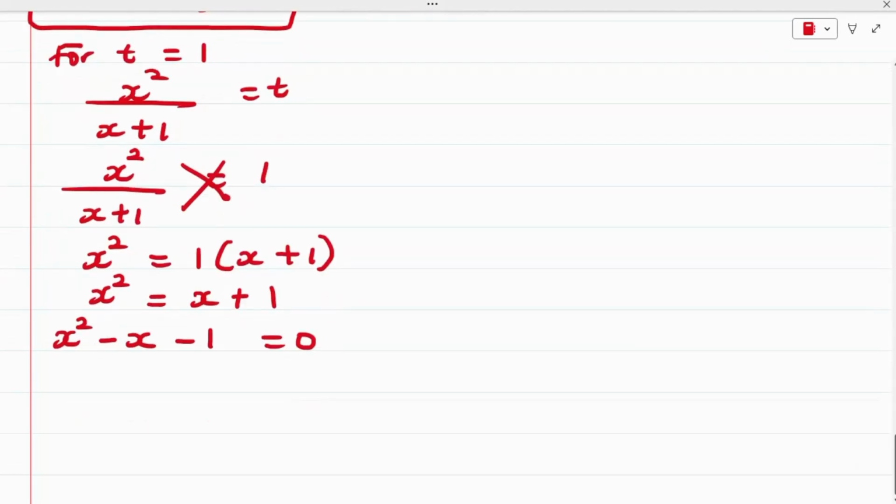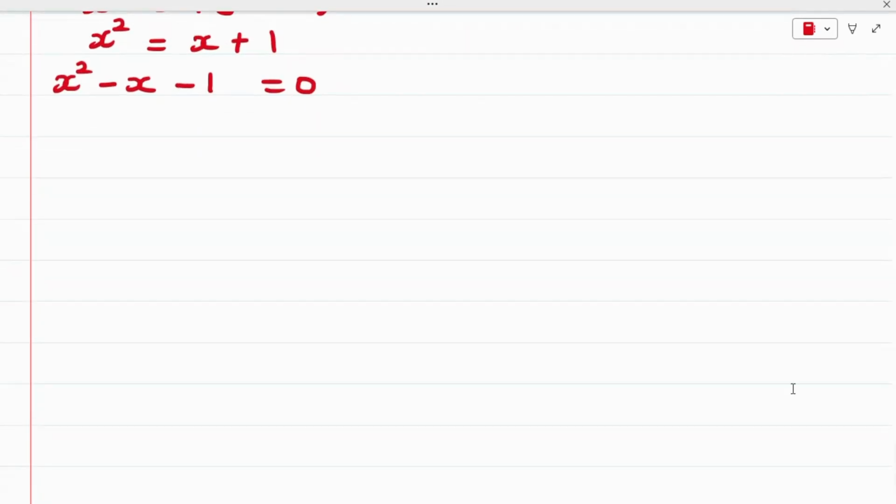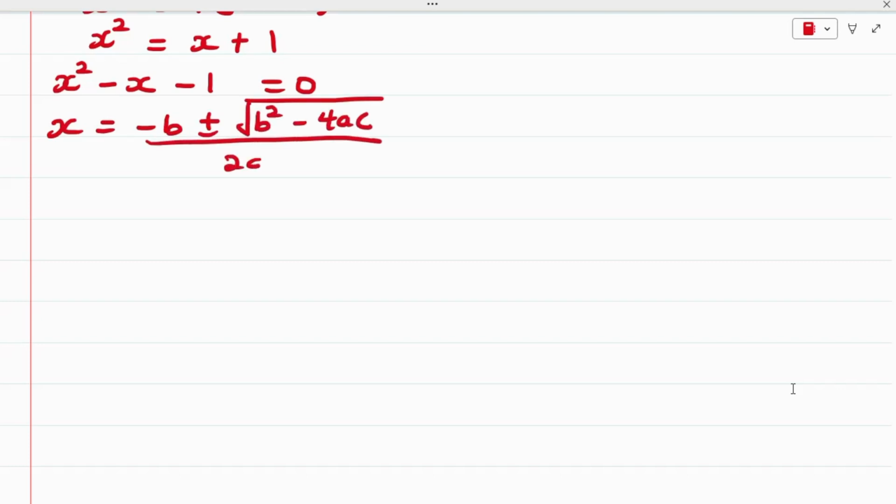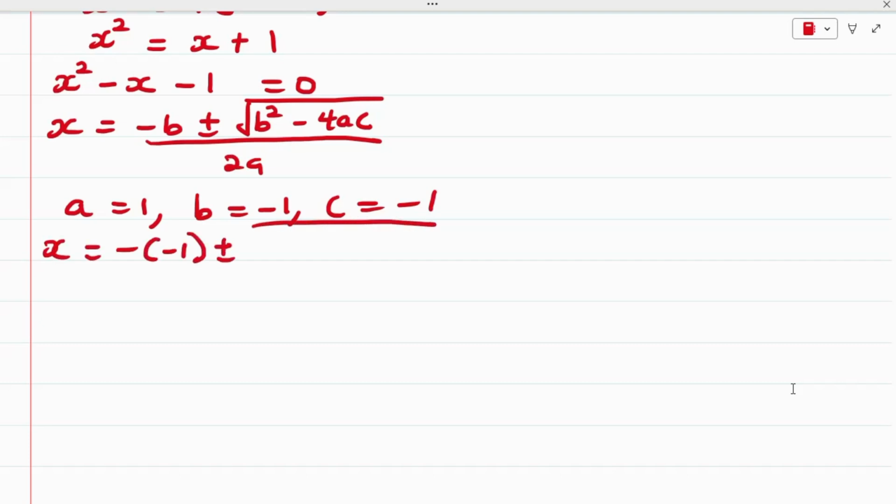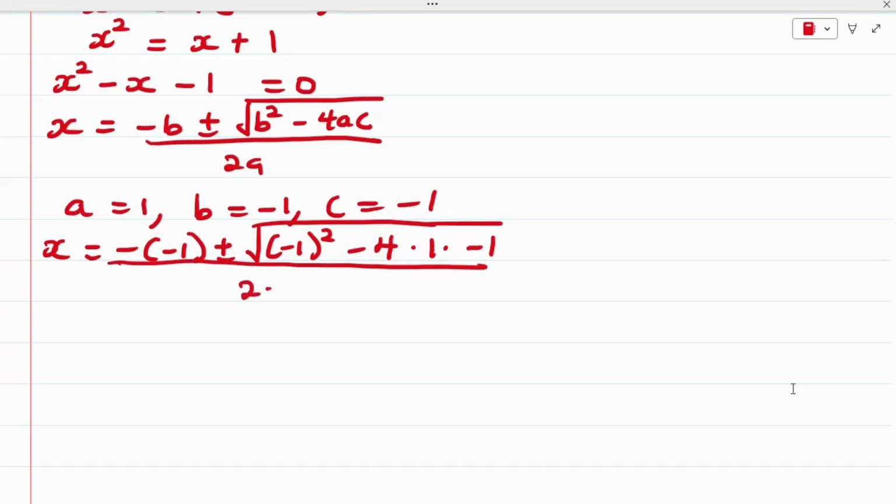And we want to simply solve this quadratic equation by making use of the quadratic formula that says x is equal to minus b plus or minus the square root of b squared minus 4ac, divided by 2a, where a is equal to 1, b is equal to -1, and c is equal to -1. So we have that x is equal to minus -1 plus or minus the square root of b squared which is (-1) squared, minus 4 multiplied by a which is 1 multiplied by c which is -1, divided by 2 multiplied by a which is 1.